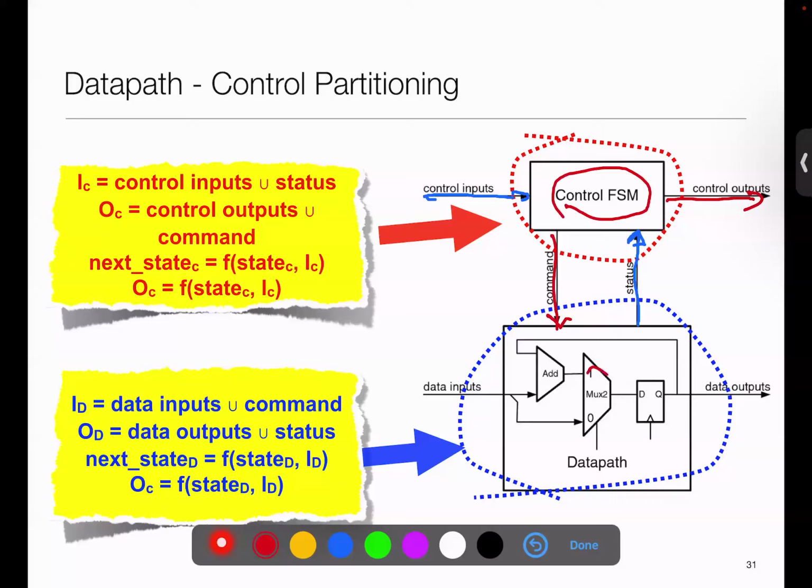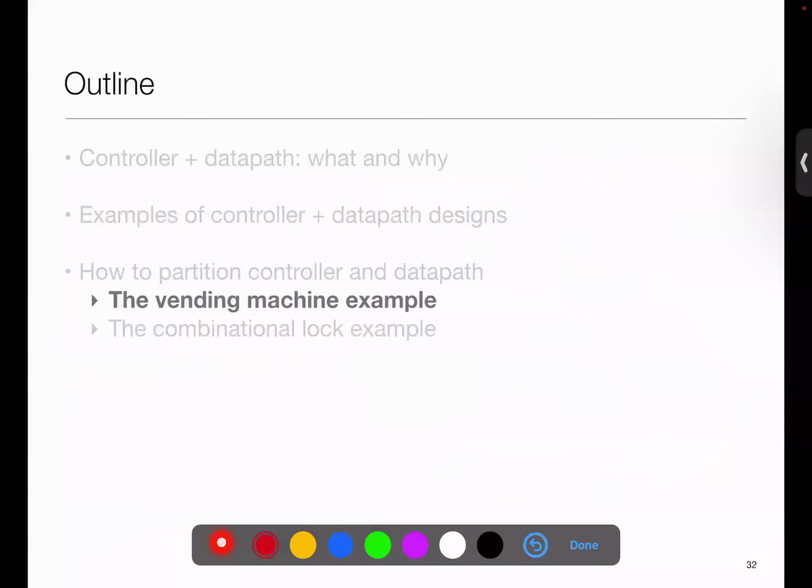And likewise for the data path. The data path is getting 2 types of inputs, those from the outside world and the inputs coming from the control FSM, and it is producing 2 types of outputs, those going to the outside world and those it is sending to the control FSM. So I'm designing 2 FSMs, one using the previous lecture's methods and one using the current lecture's methods. And that's how we end up dividing things.